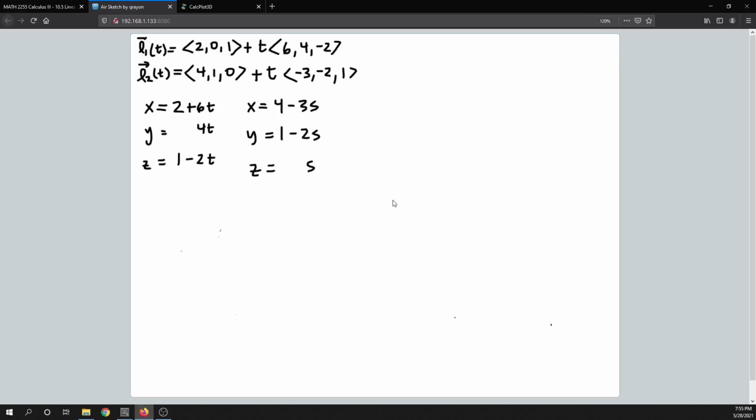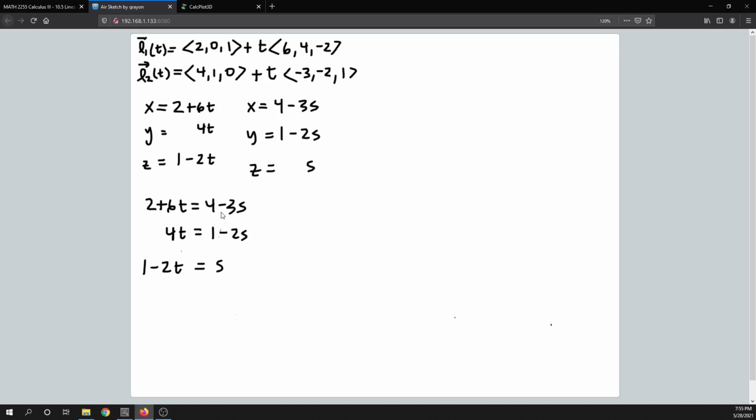So that leads us to this system of equations, right? 2 plus 6t equals 4 minus 3s. We have that 4t equals 1 minus 2s. And we have that 1 minus 2t would have to be equal to s. Okay.